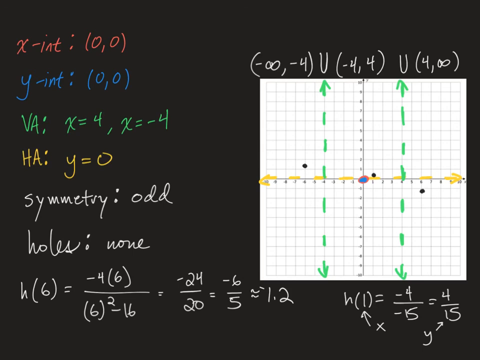So we get that point for free because we know the function is odd. Very similarly, here we have 1 comma negative 4 over 15. If you change the signs of both coordinates of this ordered pair, you'll get negative 1 comma 4 over 15, right about here. And we have all the points we need to graph this rational function.